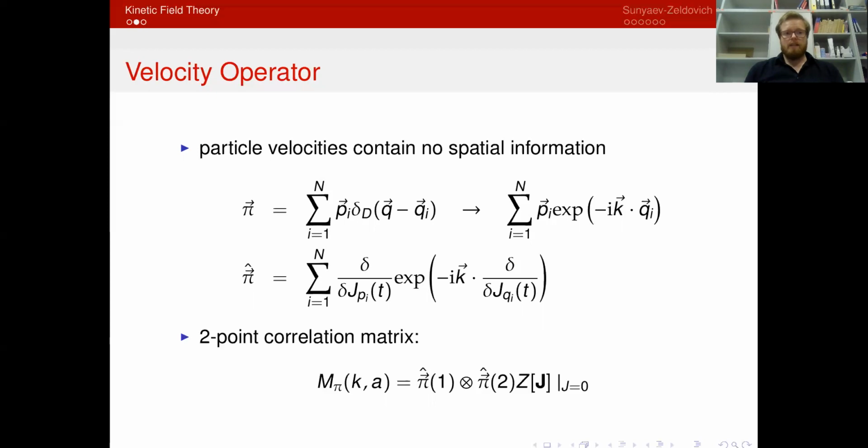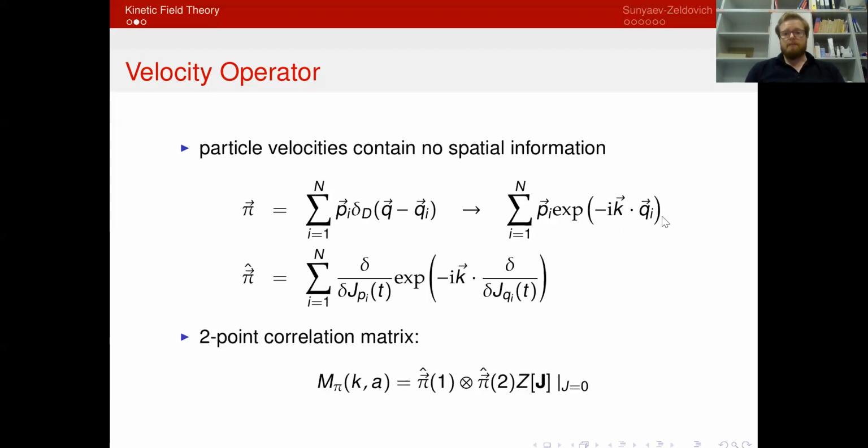By that, we transform our velocity field into a momentum or a velocity density field, because this Dirac delta here is exactly the one-particle density in real space.